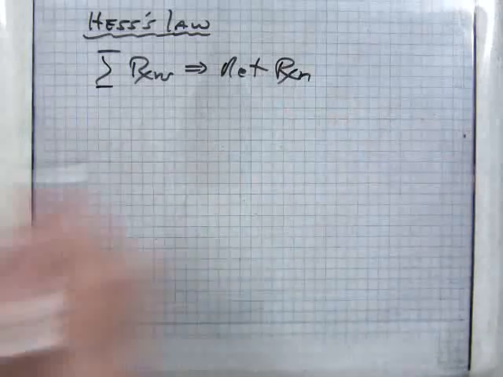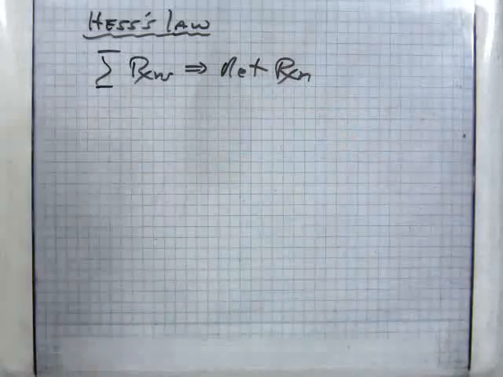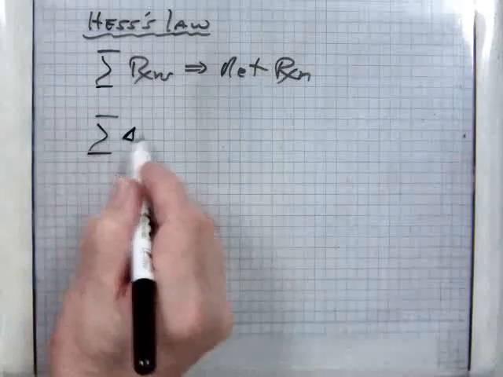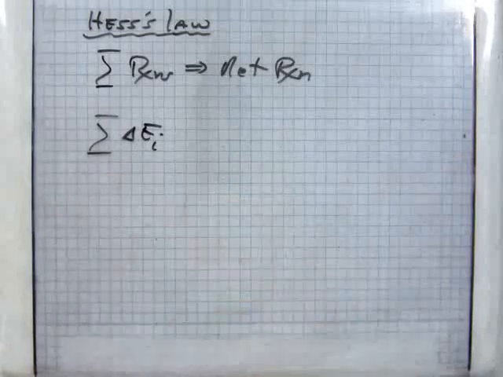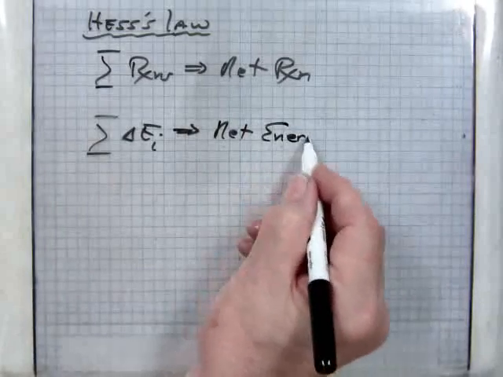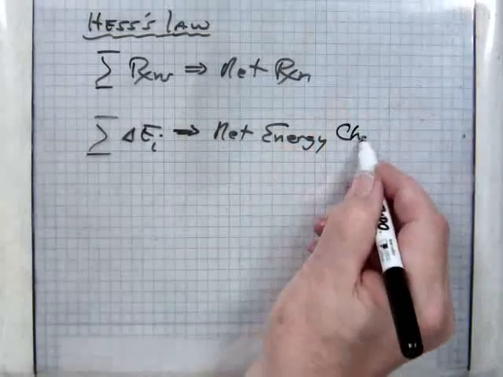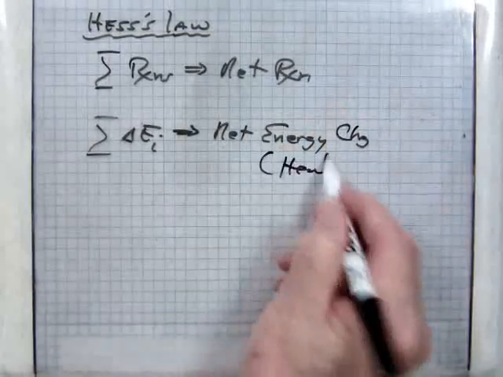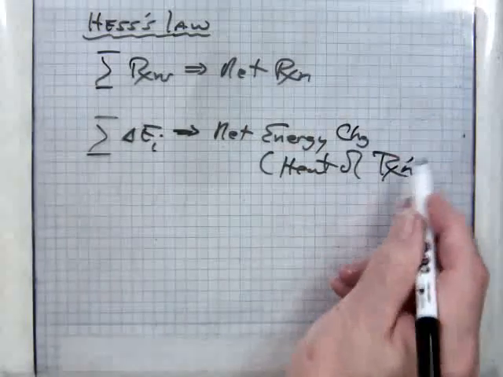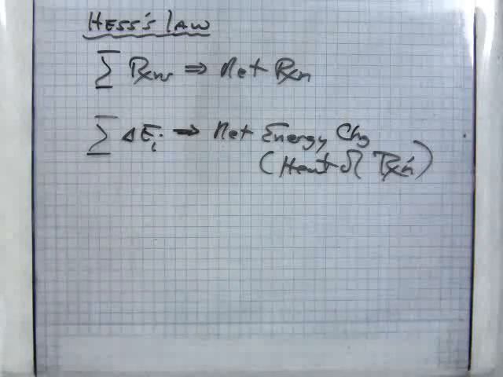The algebraic sum of the energy values of the individual reactions gives the net energy change, or heat of reaction. Now these will require you to pay attention to some detail and invest some time if you're going to be able to deal with these.